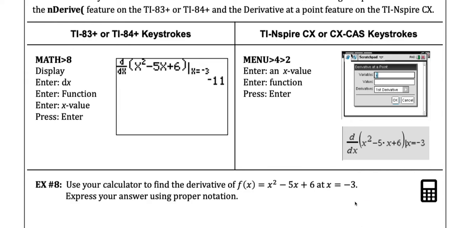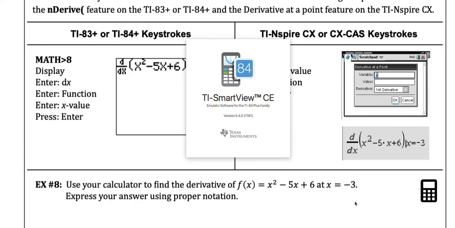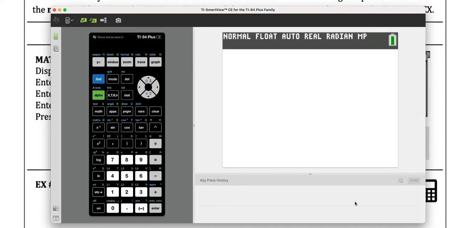First of all, does anybody have a TI 83? Oh, nice. There's a TI 83 right there. So you're going to have to type it in a little different. You'll still be able to get the answer, but it'll be typed in different.